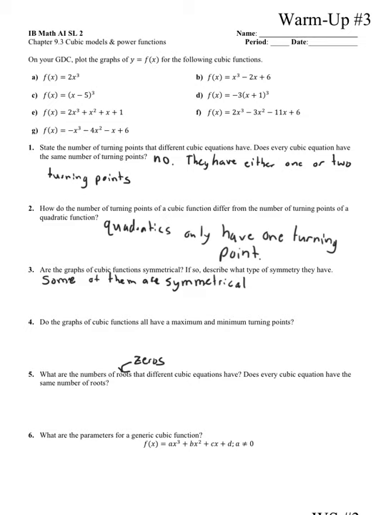All right, what type of symmetry do they have? Like I said, we folded it twice, right? We would fold it up and over. So you have to fold over the x and y axis. If that makes sense.